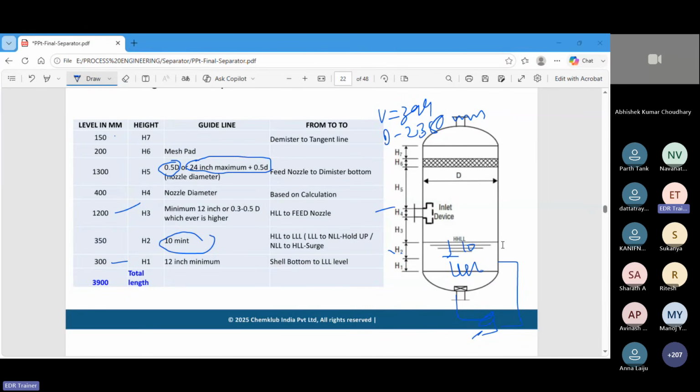Do not consider cryogenic or ammonia or any other things. The sizings and rules and regulations are the same. If you are using hydrogen, LPG, or natural gas, you can do it like this only. A separator doesn't identify or take care of whether it is cryogenic. A separator only understands that I want to separate out vapor and liquid according to the guidelines. Okay.